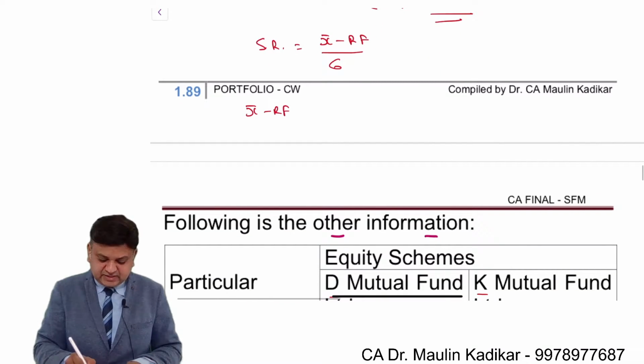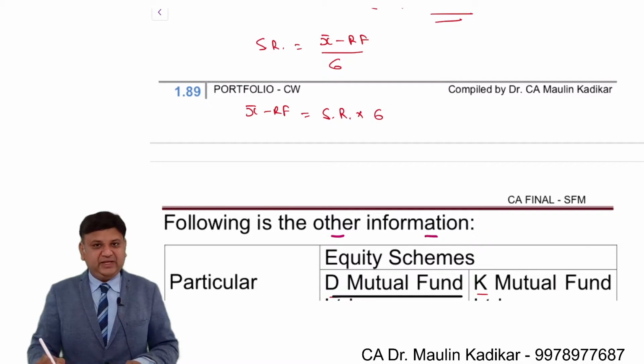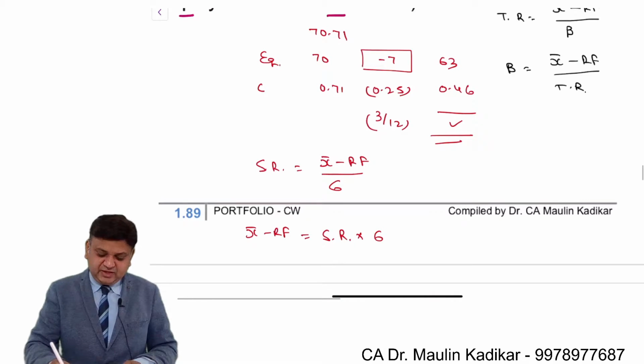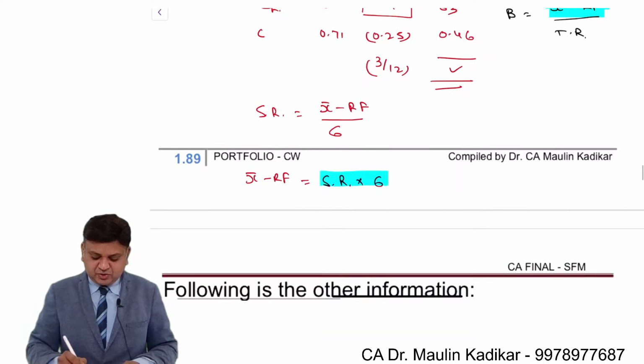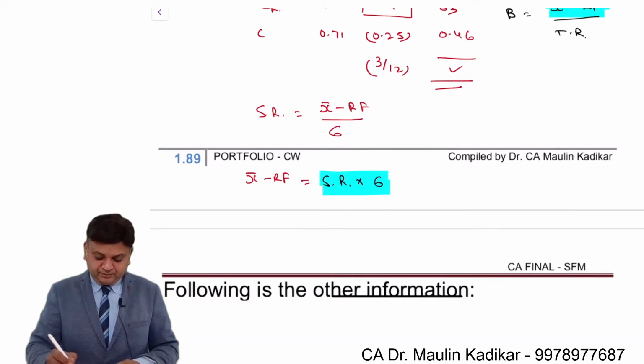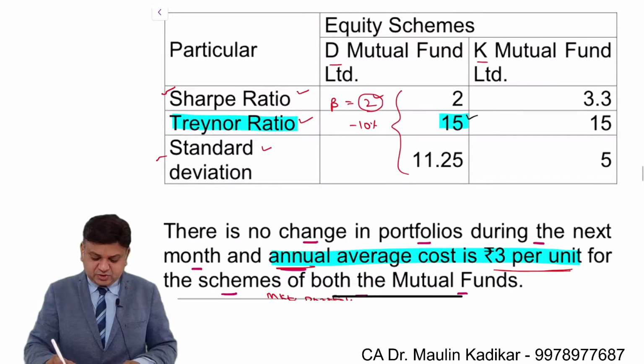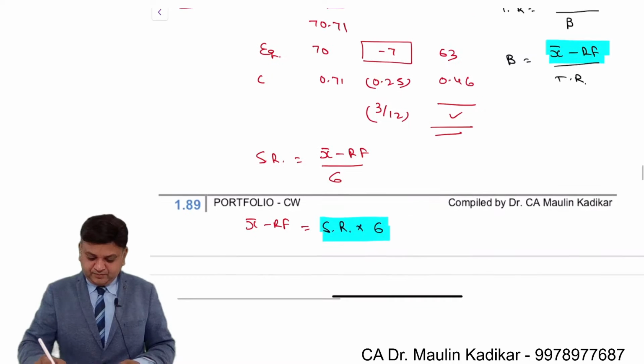So Rp minus Rf is equal to Sharpe ratio into standard deviation. The Sharpe ratio is 2 and the standard deviation is 11.25.